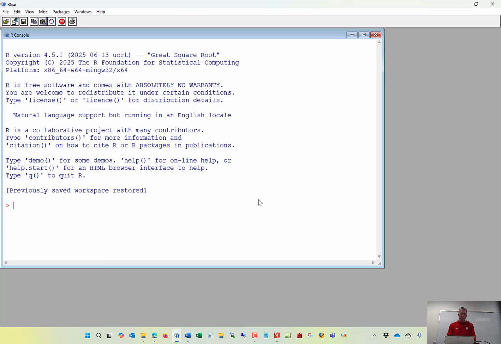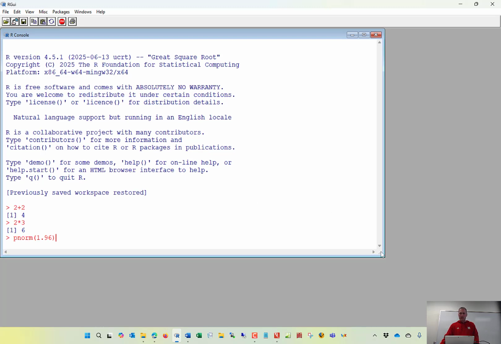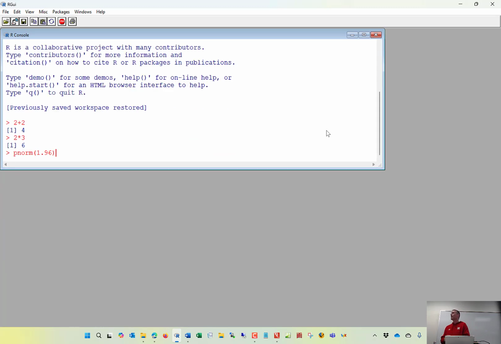And at this console window, you can just do simple math calculations, such as 2 times 3, and then you can use what are called functions in R to do more complex calculations, such as pnorm(1.96), where pnorm represents probability, normal distribution.